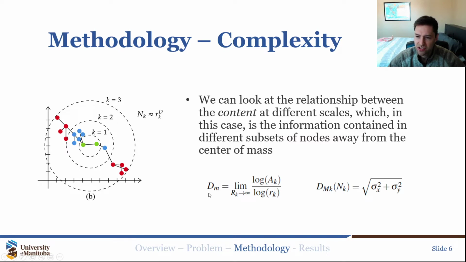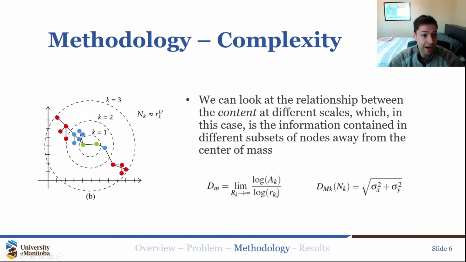And this relationship, d sub m in this case, so it's d up here, or d sub m, is the mass radius or center of mass fractal dimension. There's this log-log relationship between log of a sub k, which is the information, which in this implementation we're doing based off of the standard deviation of the nodes from the centroid, the distance, over the log of r sub k, which is the number of nodes under consideration.